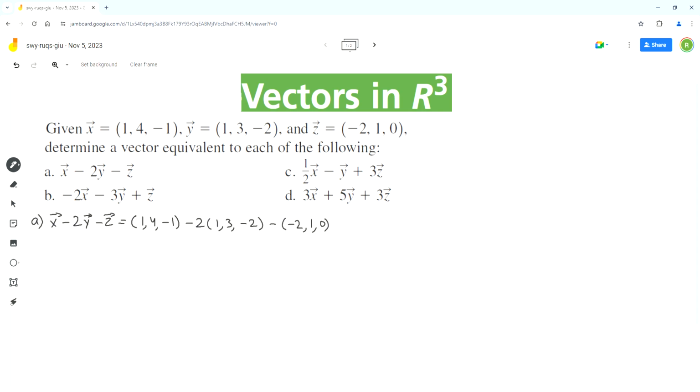So we should multiply the vector y by 2. So 2 times 1 is 2, 2 times 3 is 6, and 2 times negative 2 is negative 4.